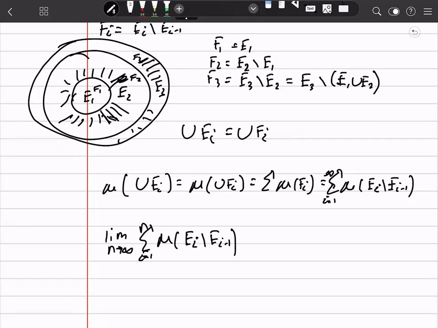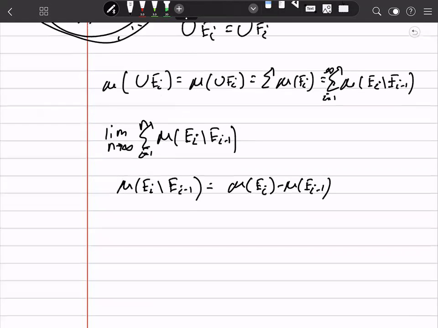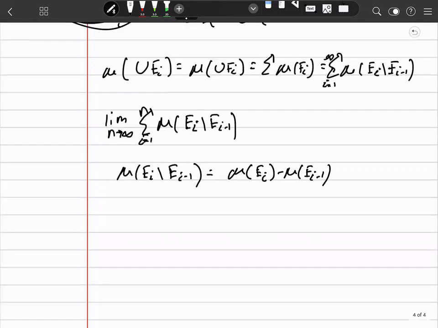So what exactly do we have here? Well, we have that mu of E sub I set minus E sub I minus 1 is going to be mu of E sub I minus mu of E sub I minus 1, right?